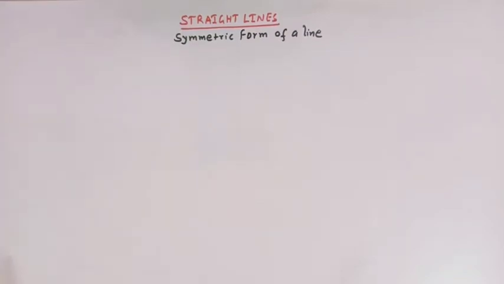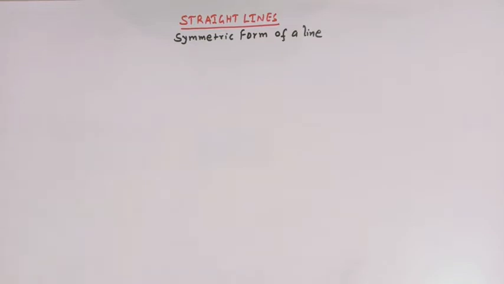Hello viewers, in today's class we are going to discuss one important concept from straight lines. Here we are going to discuss an important form of equation of a straight line, that is the symmetric form of a line.